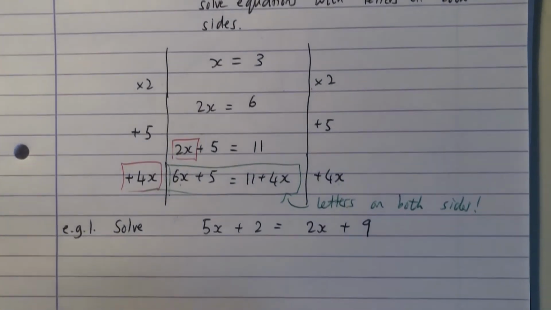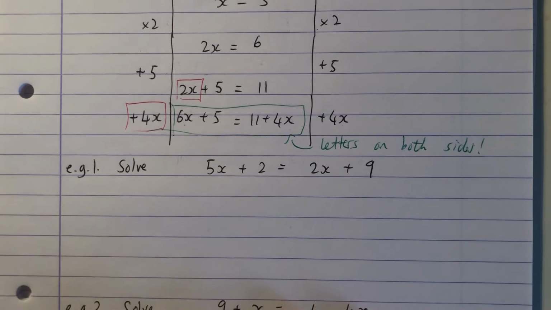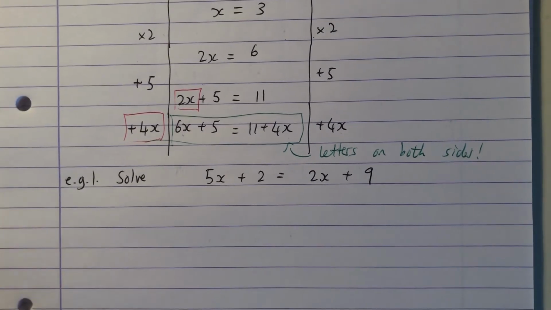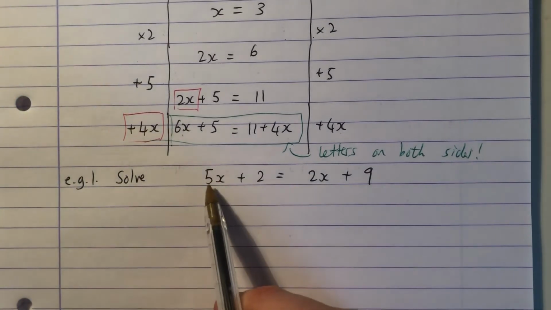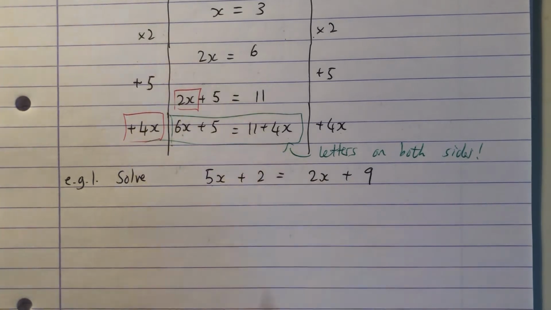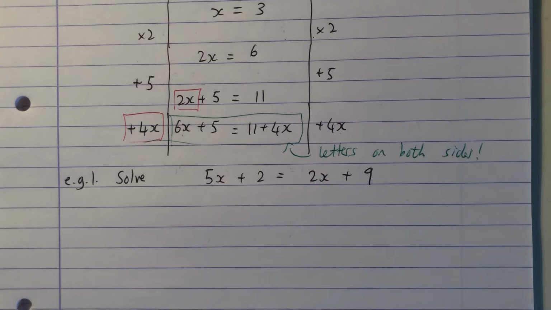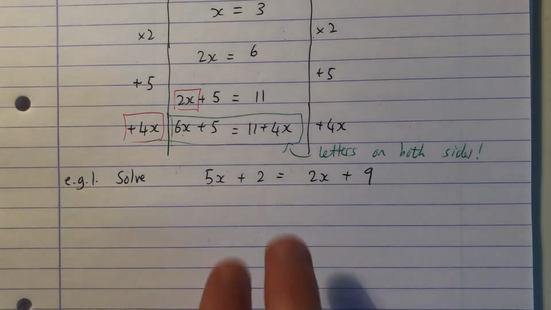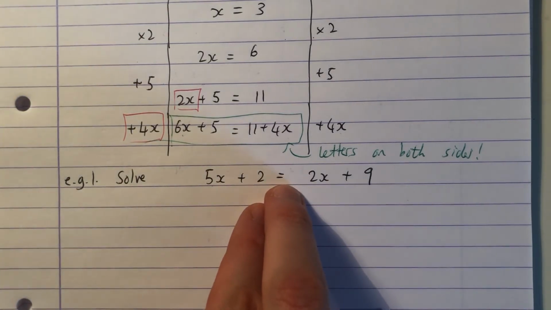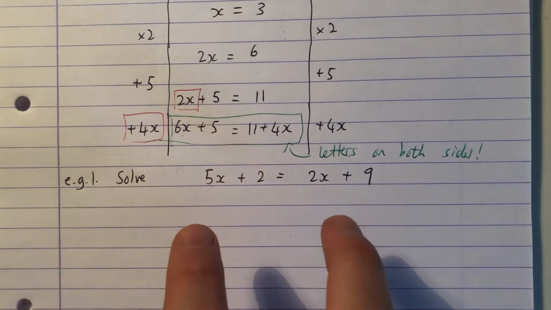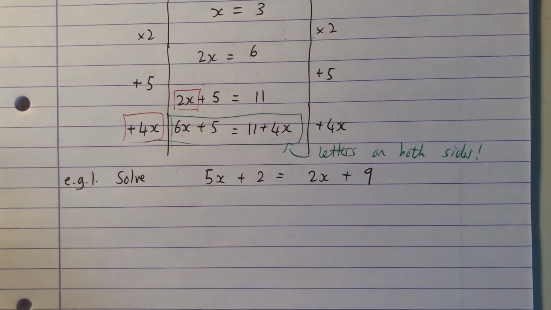Alright, example number 1. We tick the boxes now of an equation with letters on both sides. We've got 5x and we've got a 2x. Now, we somehow have to apply something to both sides so we end up with one term with a letter in it.